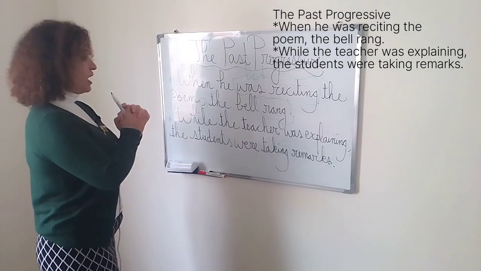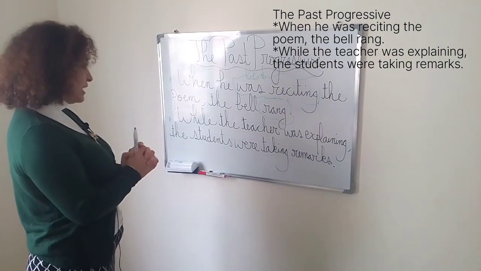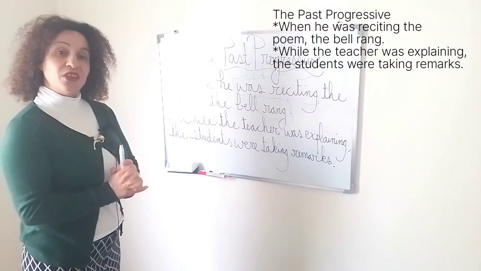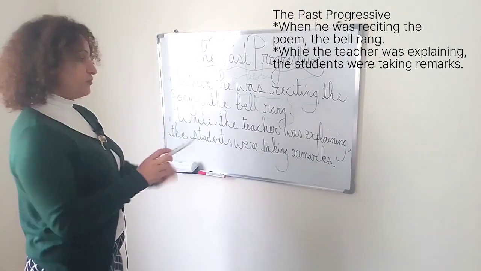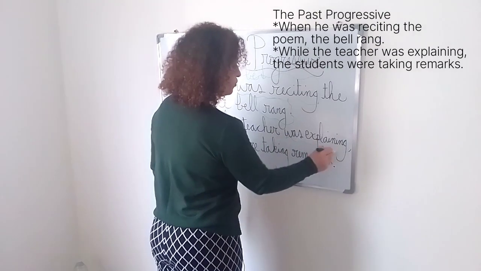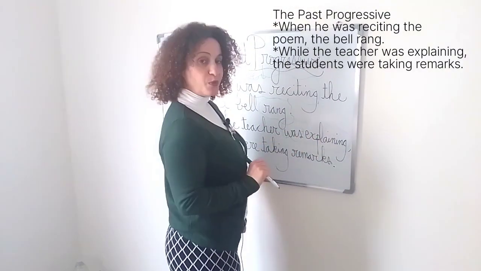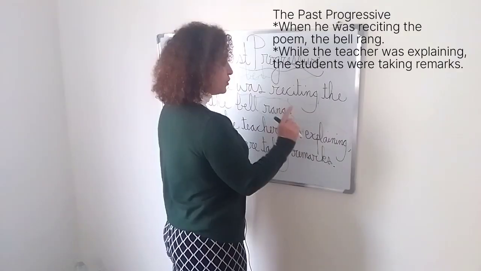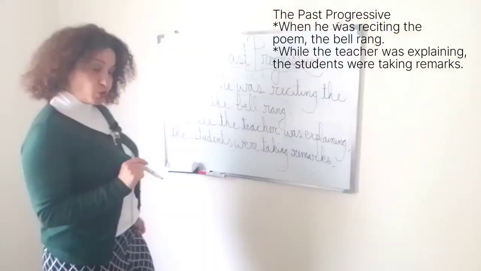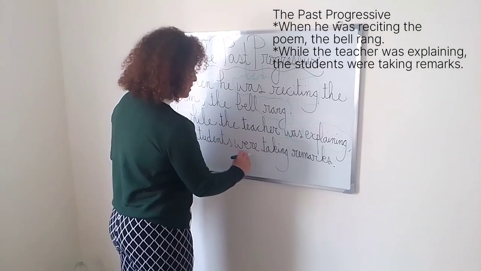If I say, while the teacher was explaining, the students were taking remarks, I have deduced that I have was explaining, be in the past plus the present participle of the verb, past progressive. I have action 2 in this sentence, were taking.